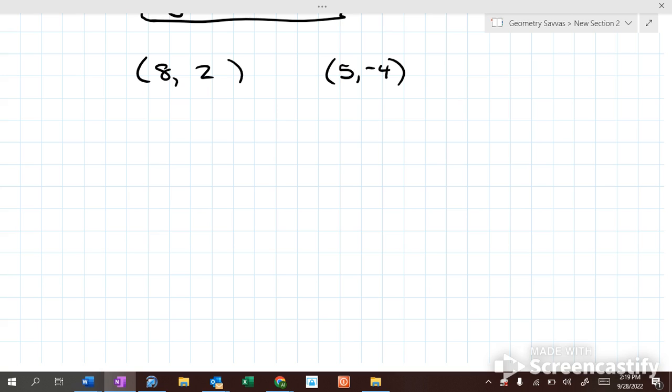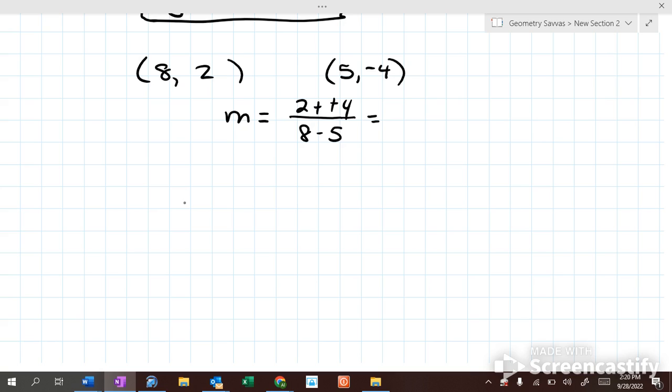So, when we're doing this, we find what first? Slope. Tell me how to find the slope. Kira. 2 plus 4? Yeah, 2 minus the negative 4. That would work, yeah. And then 8 minus 5. Okay.